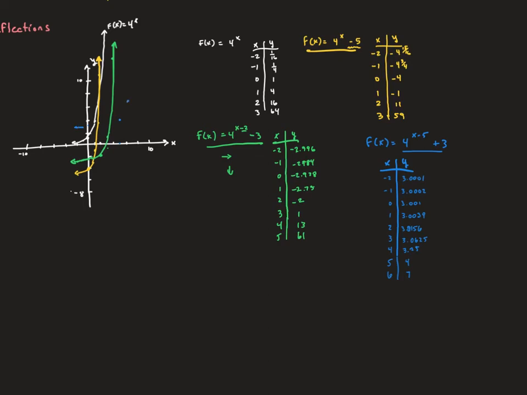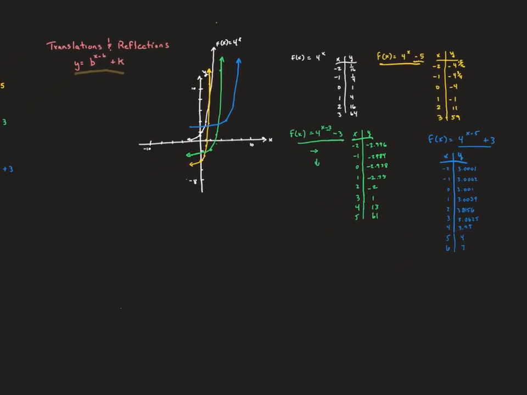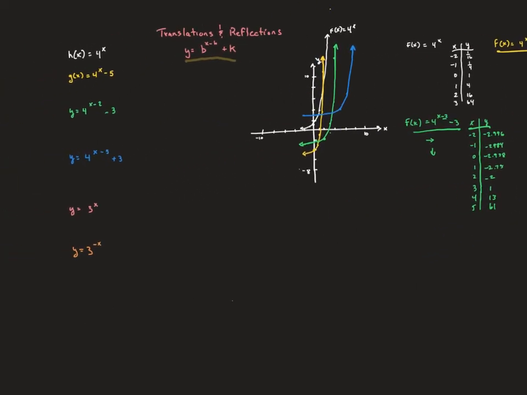So there we have this function taking shape right there. Same general shape, just has been shifted around, translated around the coordinate plane, okay? And then, of course, we have some examples here of reflection, right?